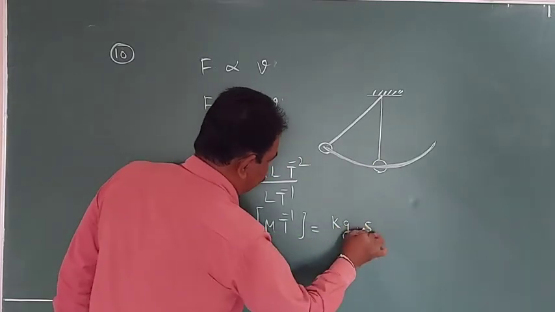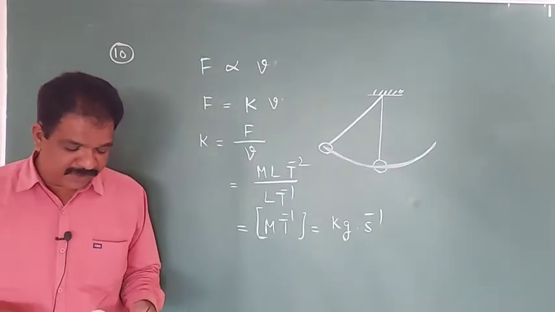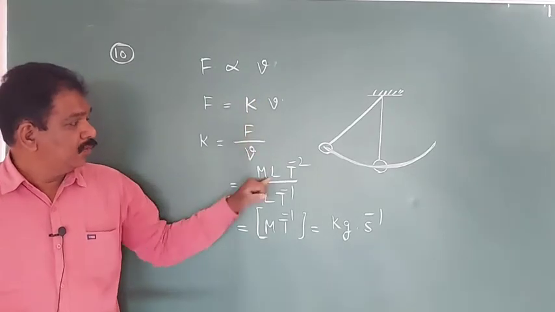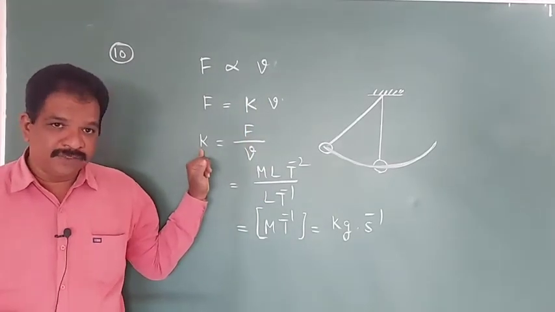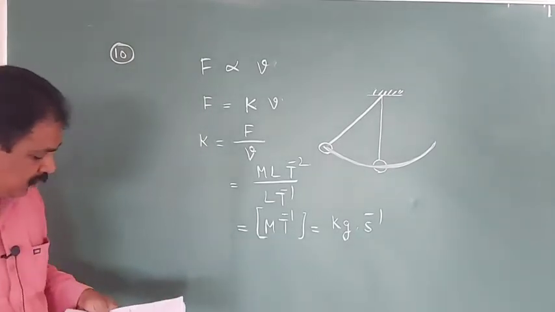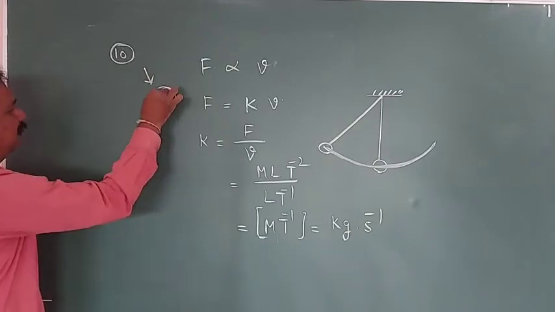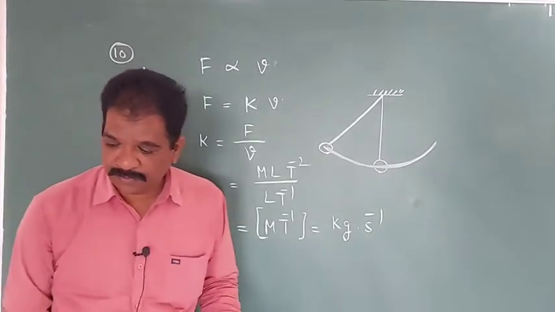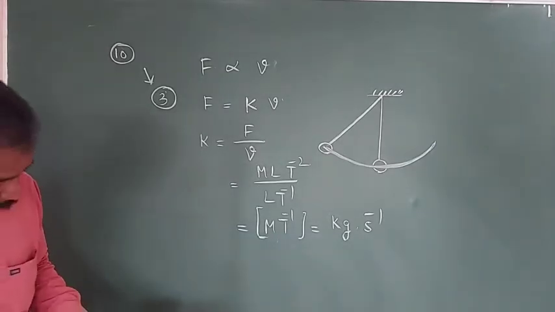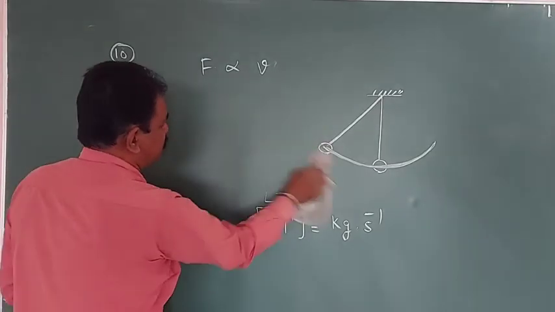Mass means kg, T inverse means second inverse. So kg second inverse will be the unit of this damping constant. So the 10th question, third option. Next, after finishing this, 11th question, see what they are asking.